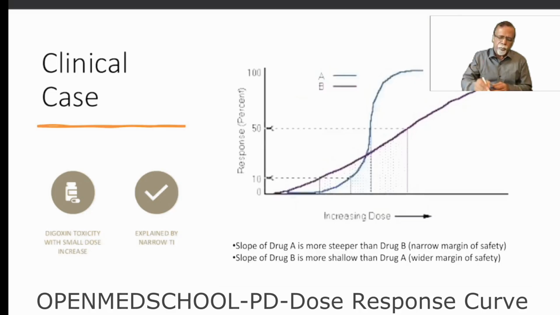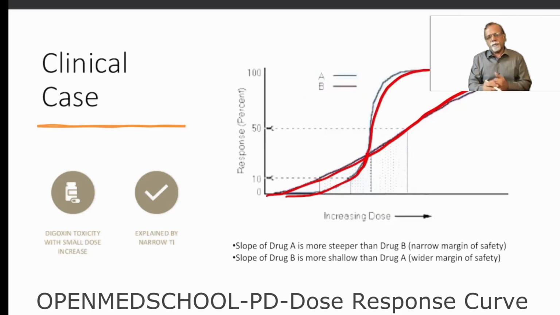Here there are two drugs. One drug produces a sigmoid curve with a very slow rise. For the other drug, you can see there is a steep rise in the dose response curve. So drug A is steeper than drug B. What does it mean? A smaller increase in the dose produces a sharp rise and it reaches the Emax also. Such drugs have a narrow margin of safety.